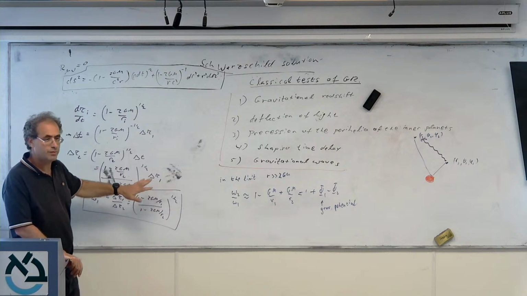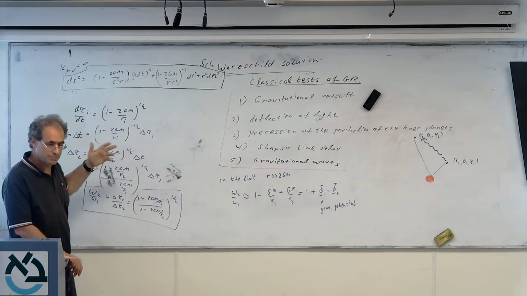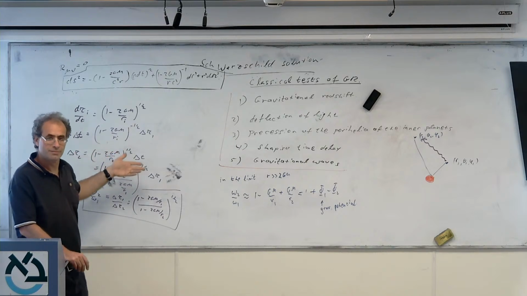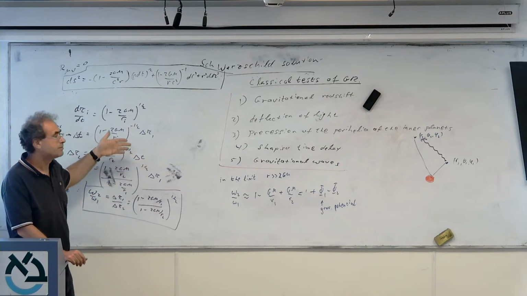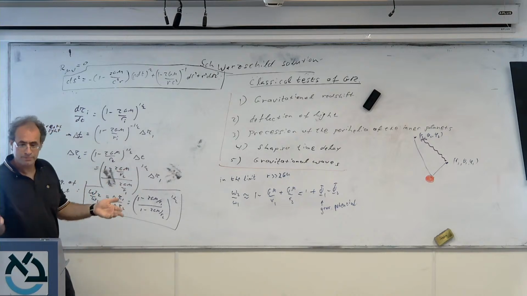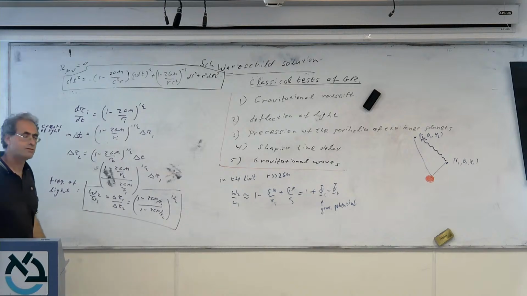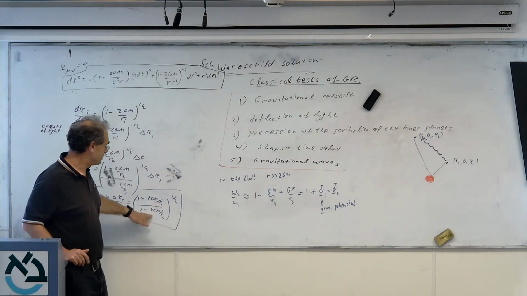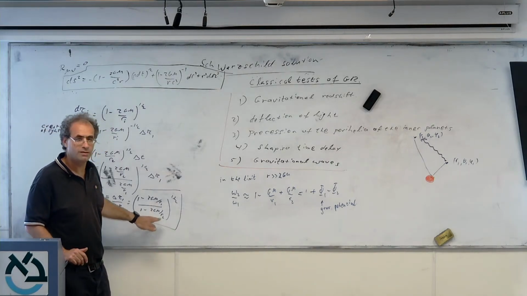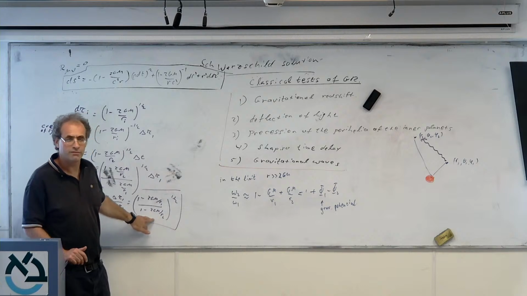So this Schwarzschild metric provides the correct metric that describes the gravitational potential of the sun, also of the Earth, on a smaller scale, of course. And this effect, again, is a completely general relativistic effect. You don't have that in Newton.